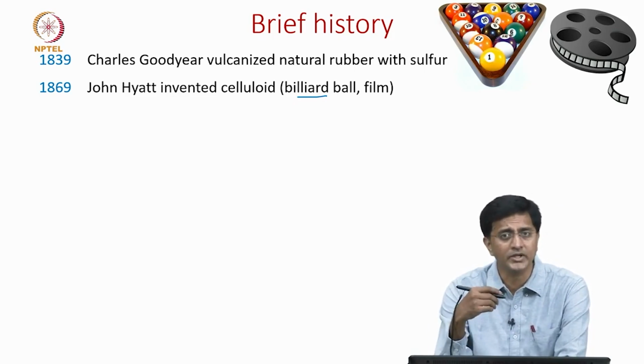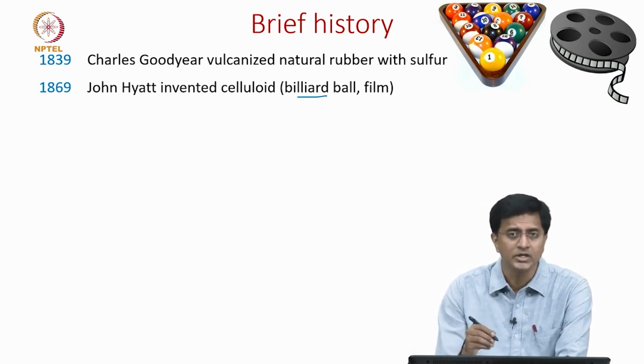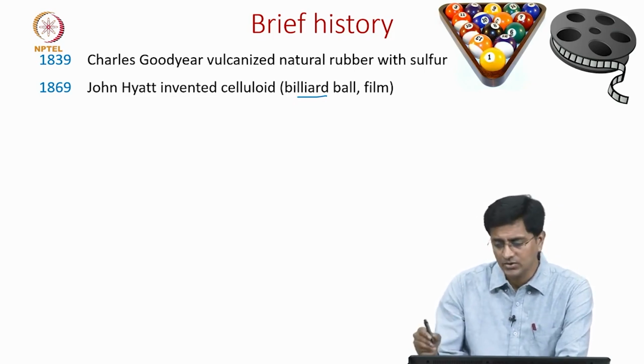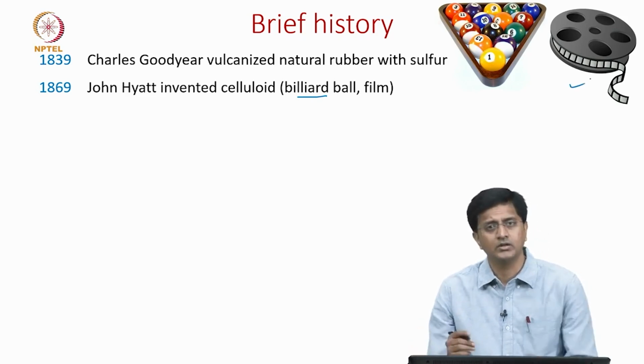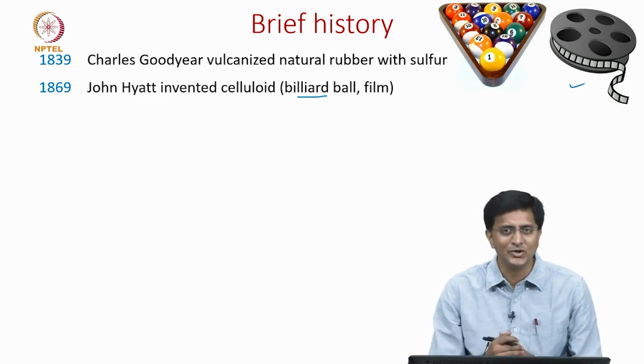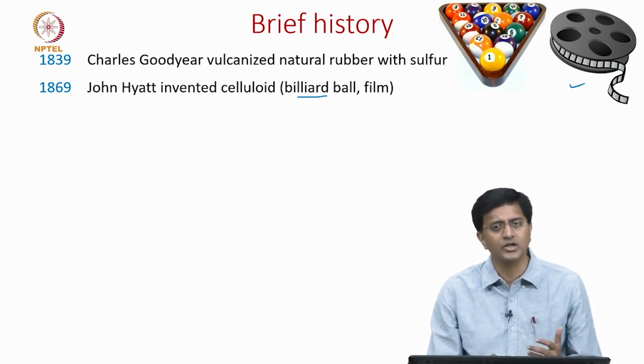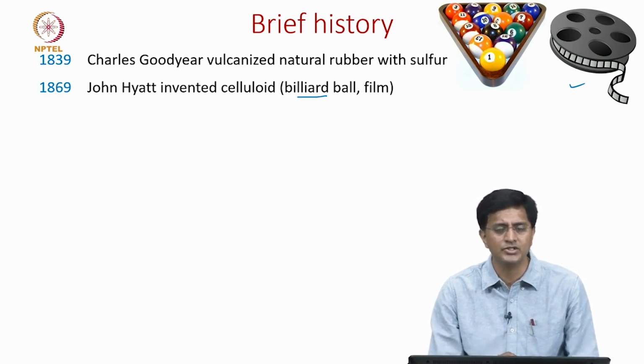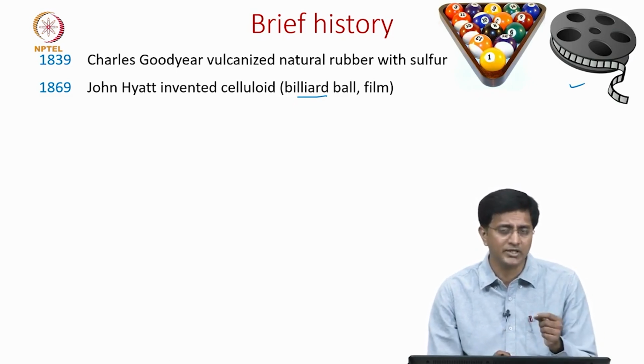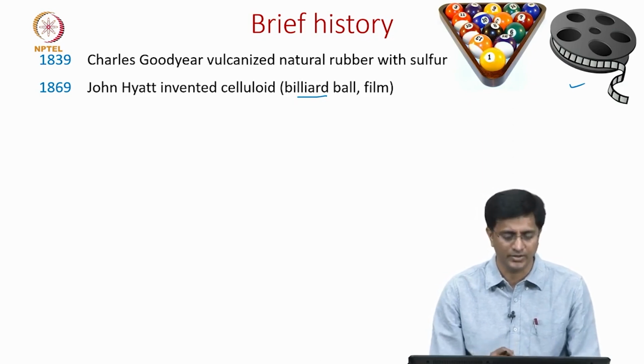But there are other applications of this celluloid such as movie films. So, as you can see here, movies are sometimes called celluloid because that is the name of the material with which the film is made. But there are other applications also, including these table tennis balls, which until recently have been made with celluloid.